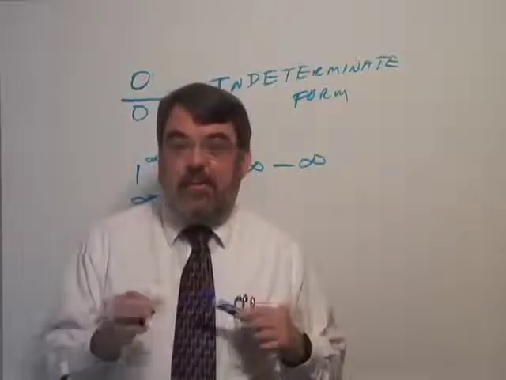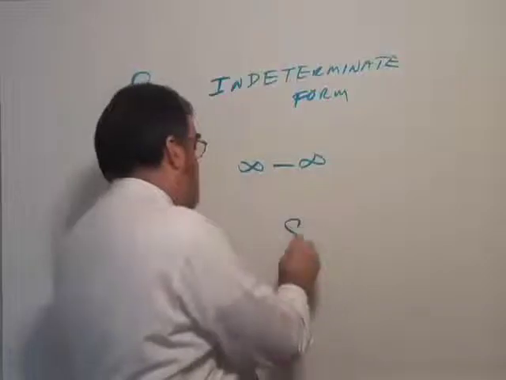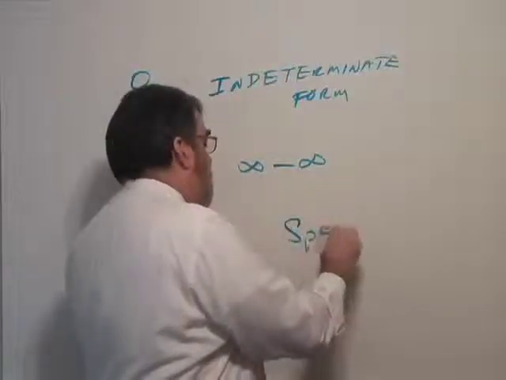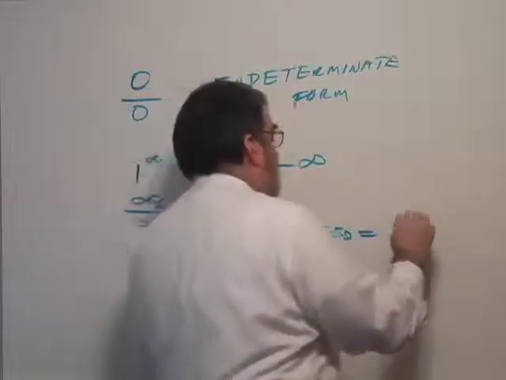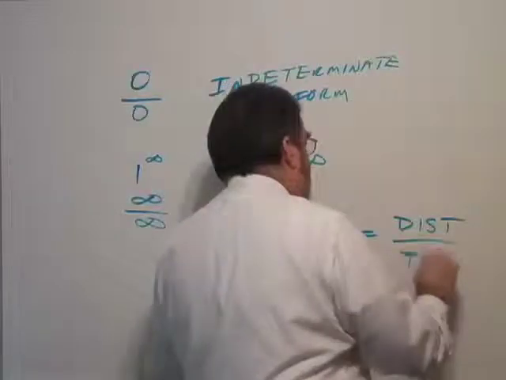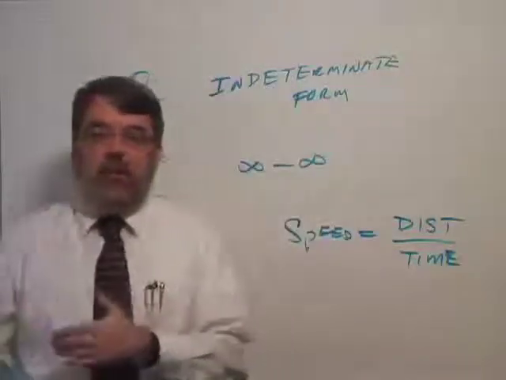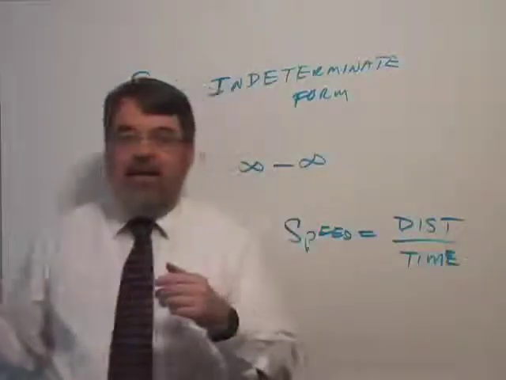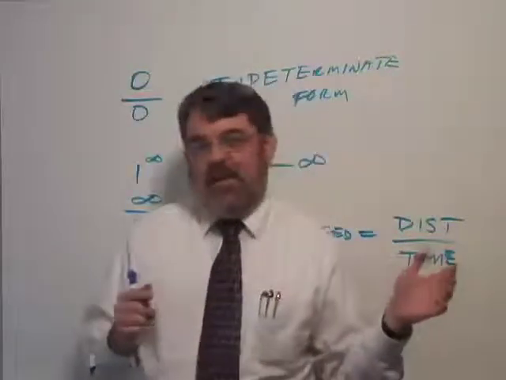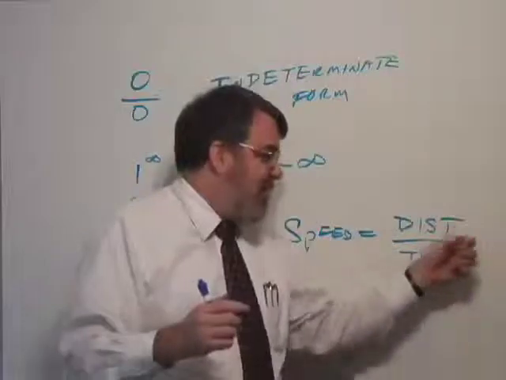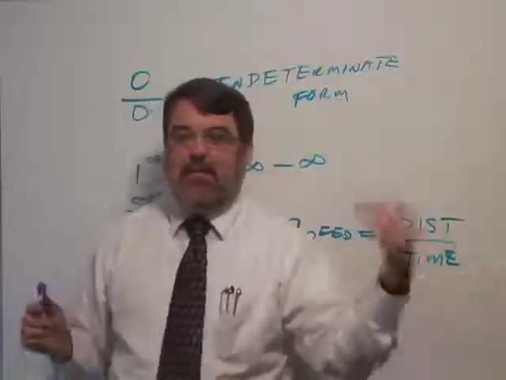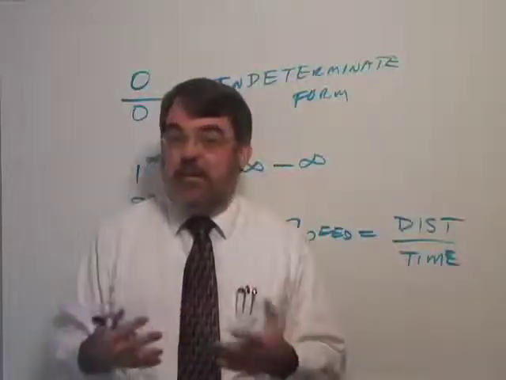Well, we measure speed by taking distance and dividing by time. For example, if I walk across this room, suppose I walk 12 feet in 3 seconds. 12 feet divided by 3 seconds gives me 4 feet per second. That's my speed.